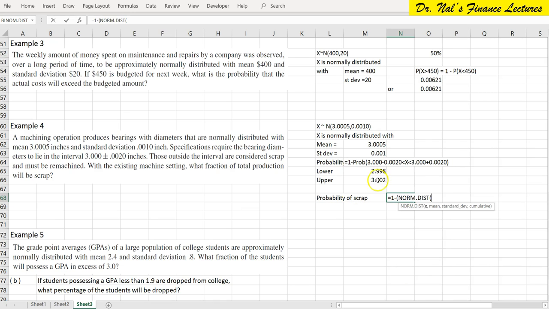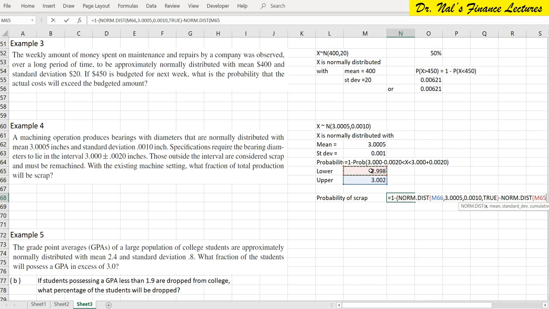The upper bound is this one; we want the area to the left of this number. The mean is 3.0005, the standard deviation is 0.0010, and cumulative is true. This is the left of that, minus norm dist. This time it's going to be the lower bound.